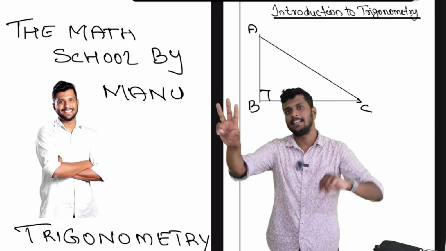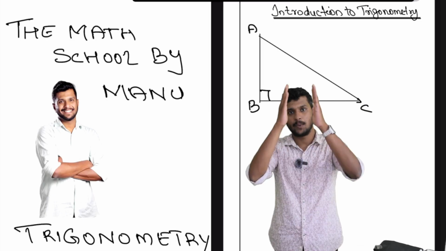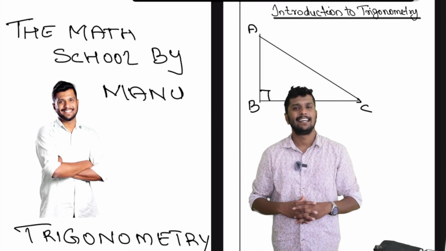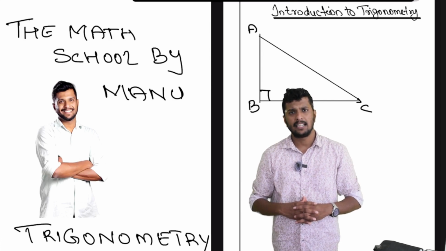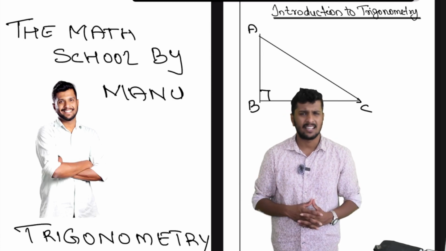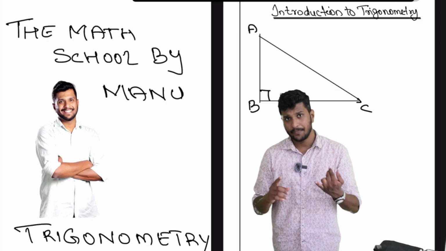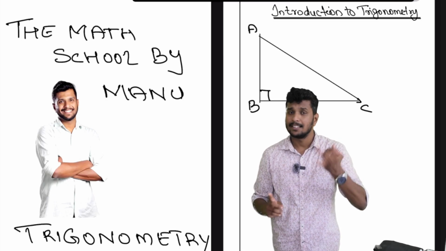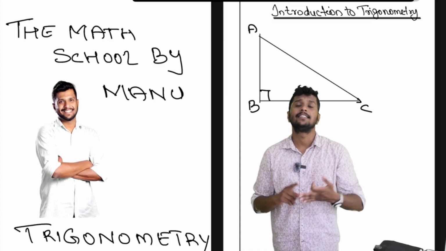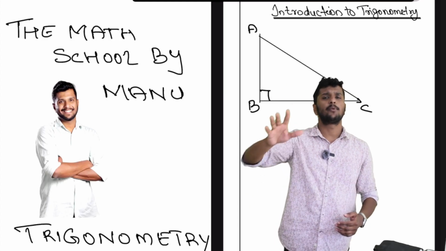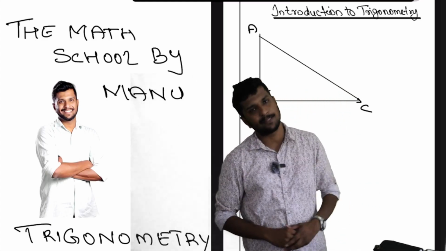Now, you might think, sir, it's a difficult chapter. No, it's not difficult at all. In this class we'll learn about the identities, the trigonometric values, the trigonometric ratios, the reciprocals, and the most important board exam questions from your class 10th NCERT textbook.